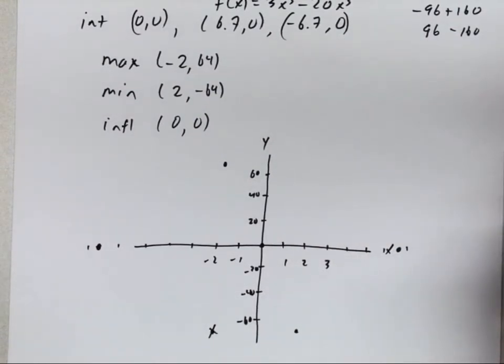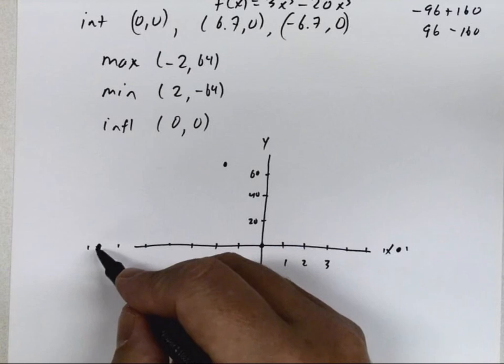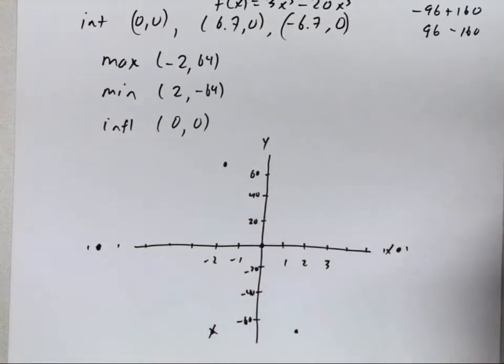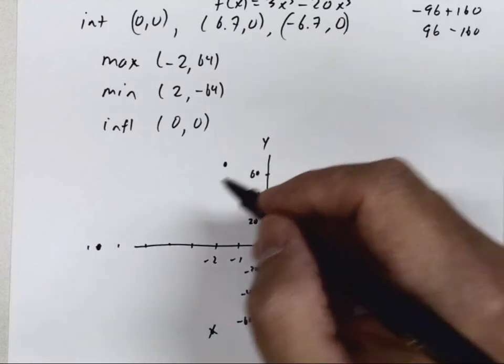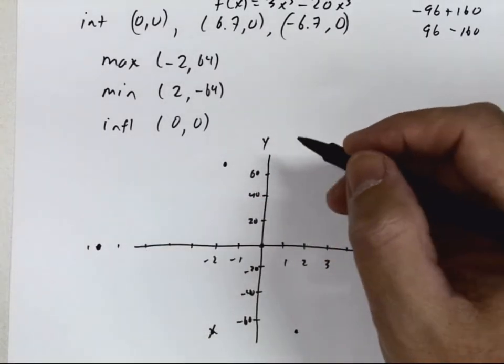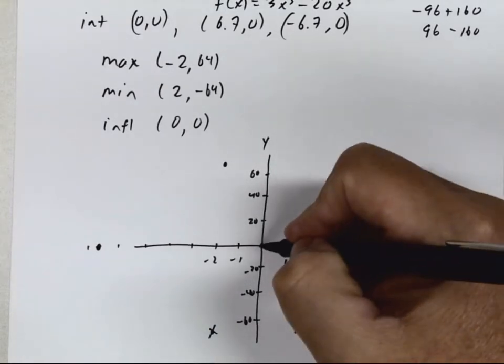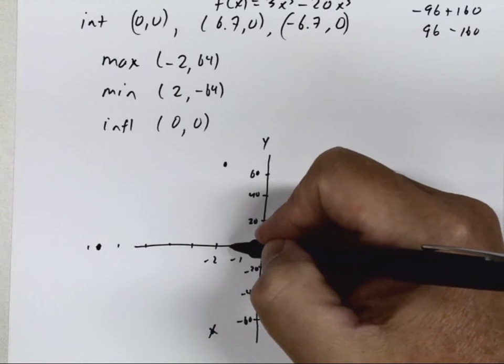So I think increasing is from... this isn't going to look beautiful, but inflection points, let me see, I have an inflection point right here, but I also have an inflection point at negative 1.4.